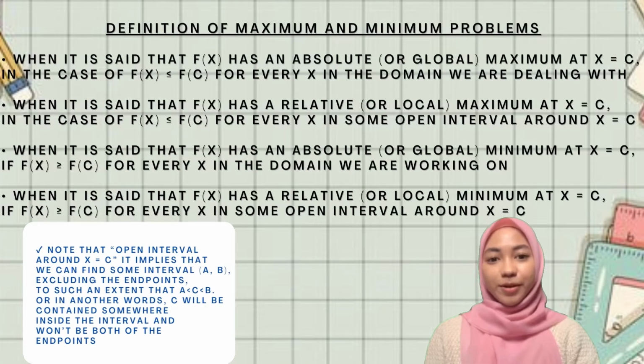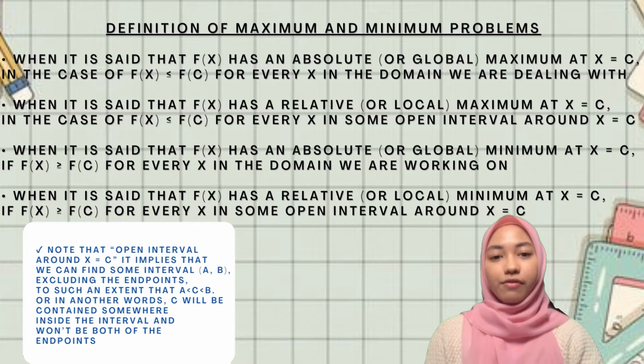Definition of maximum and minimum problems. When it is said that f(x) has an absolute or global maximum at x equal to c, in the case of f(x) less than or equal to f(c) for every x in the domain we are dealing with. When it is said that f(x) has a relative or local maximum at x equal to c in the case of f(x) less than or equal to f(c) for every x in some open interval around x equal to c.